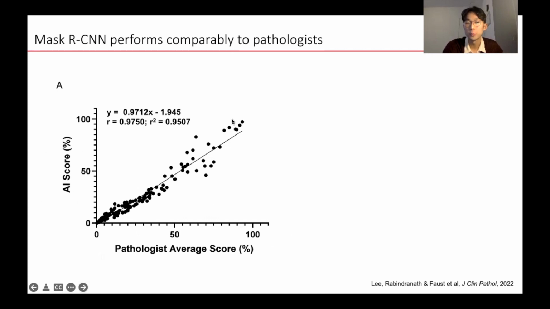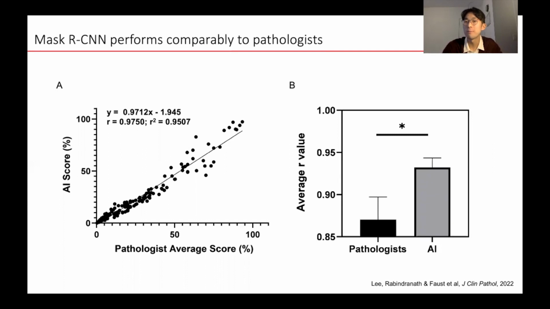And when we drew this correlation plot, we were able to get a very, very high R value, meaning that the correlation between the AI score and the pathologist average score was very close. So the results were very similar.